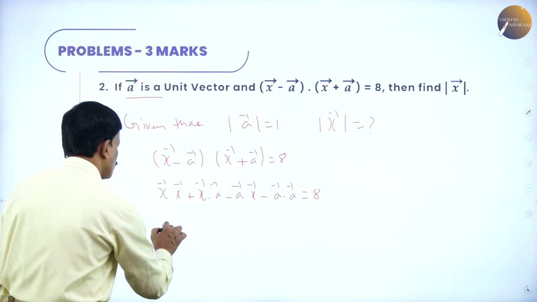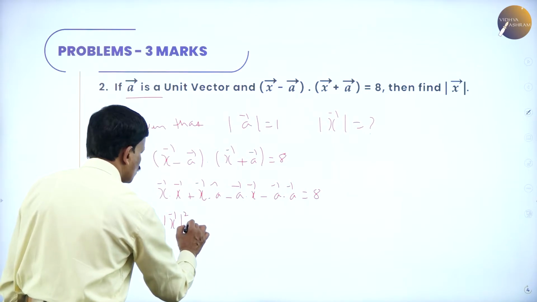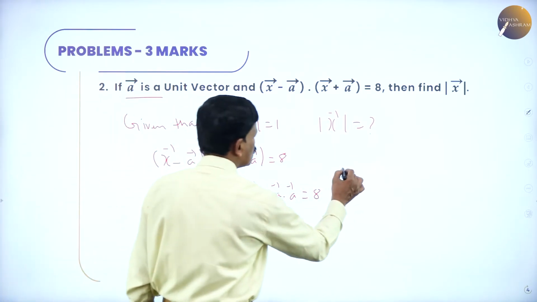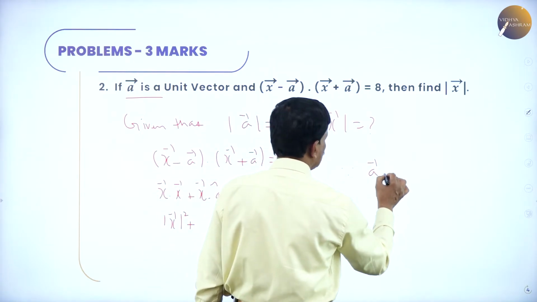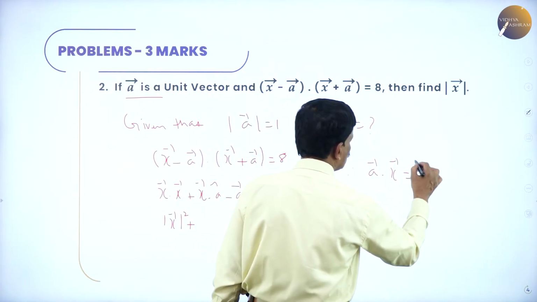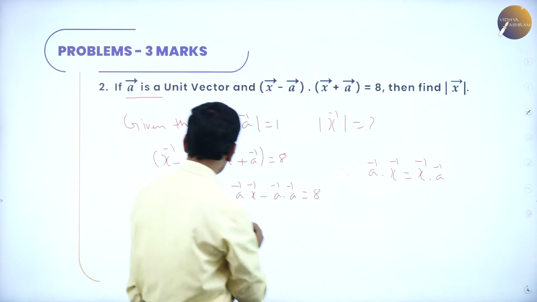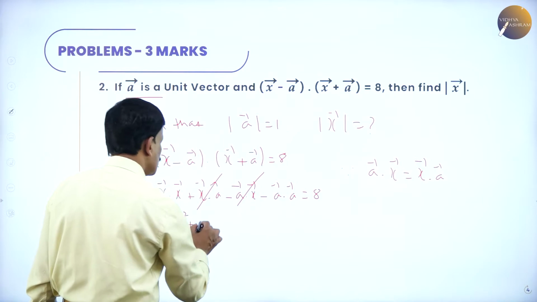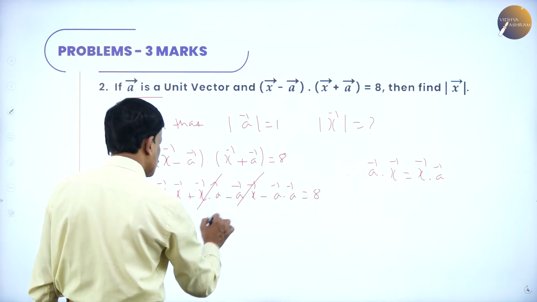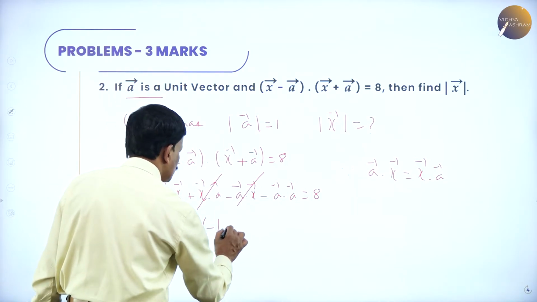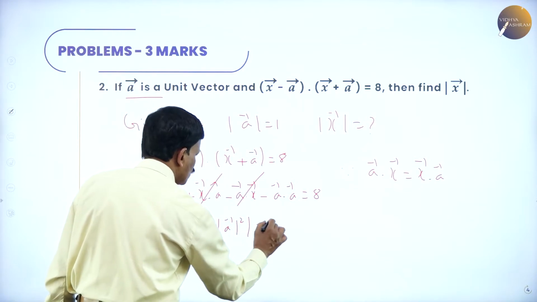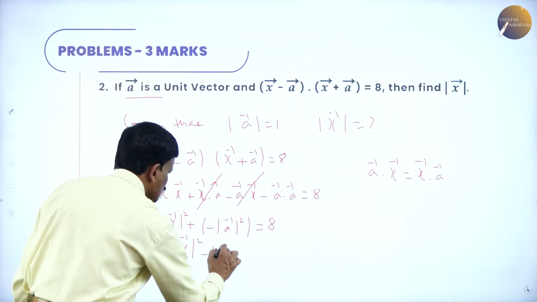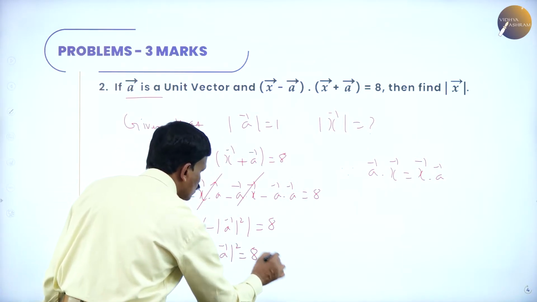This can be written as length of x whole square plus x dot a minus a dot x, and since the dot product is commutative, a dot x is also equal to x dot a, so they cancel. What is remaining is minus length of a into length of a, which is length of a whole square, equal to 8. So length of x whole square minus length of a whole square is equal to 8.